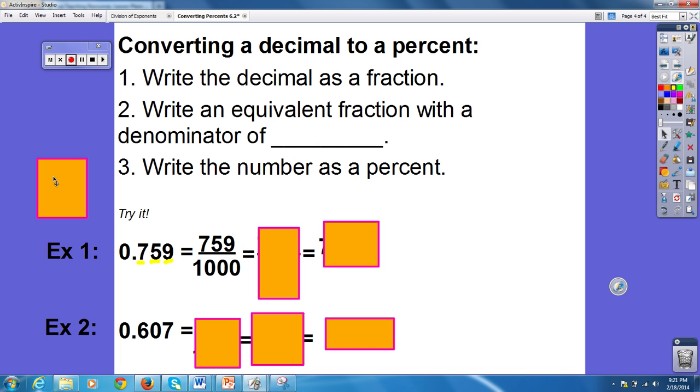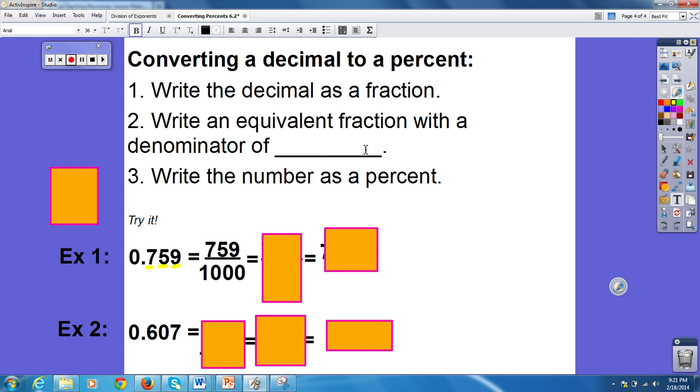The next step is to write an equivalent fraction with a denominator of, you guessed it, 100. Why would we be using a denominator of 100? You can recall that percents are always per hundred, so that's why we don't want a bottom of 1,000, but instead of 100.